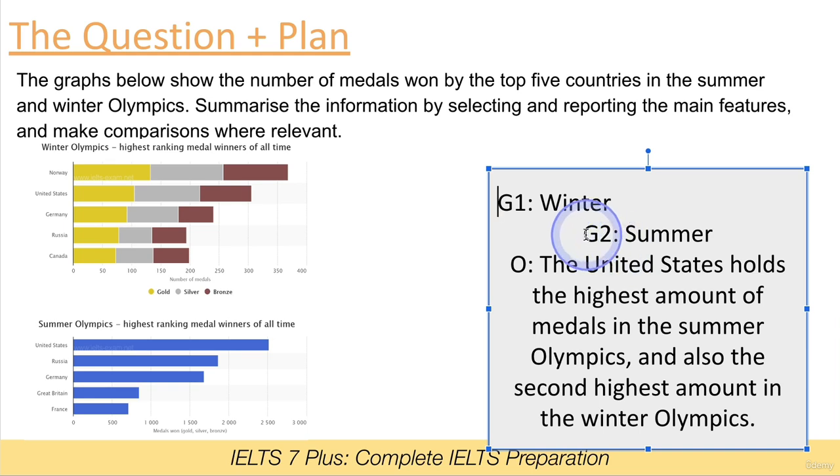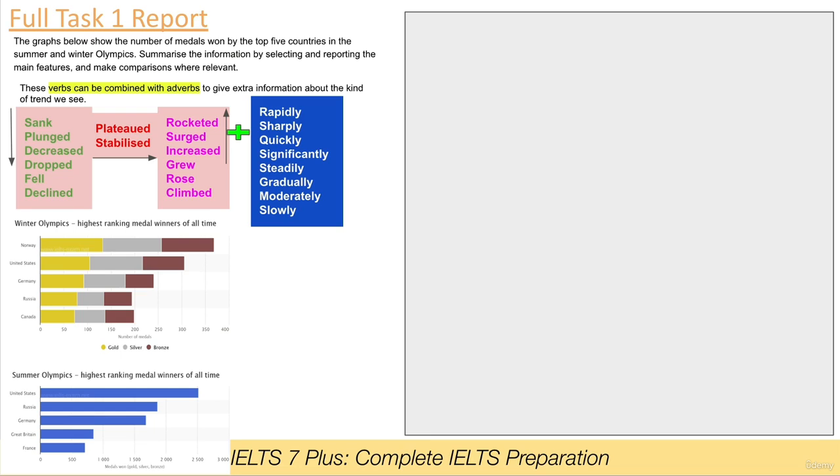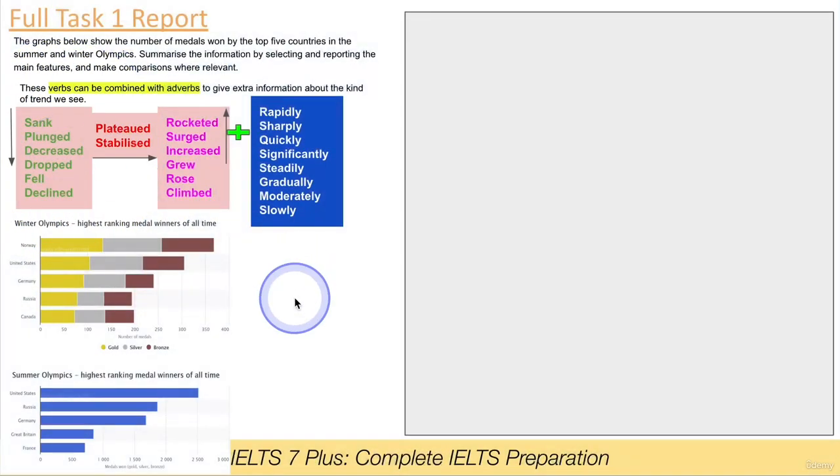Okay. Right, so we've got our 2 groups and we've got our overview. So what is next? Well, I think we can go to the write-up. Here we go. So we've got our question here, and we've got some nice words that we can use. We've got some verbs to talk about trends like decreasing, stay the same, increasing.